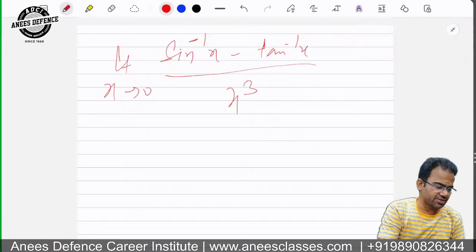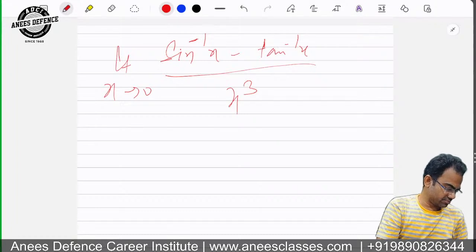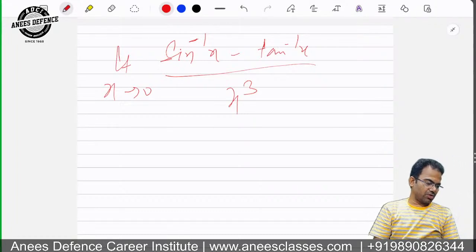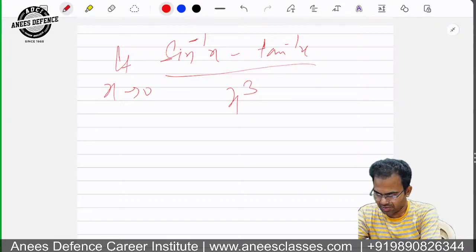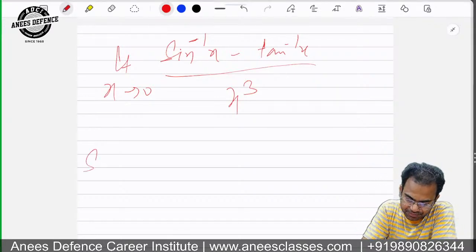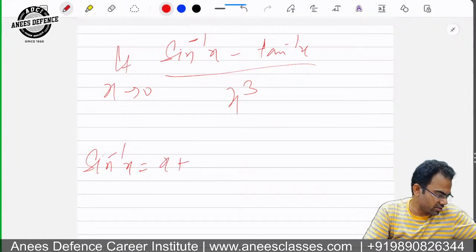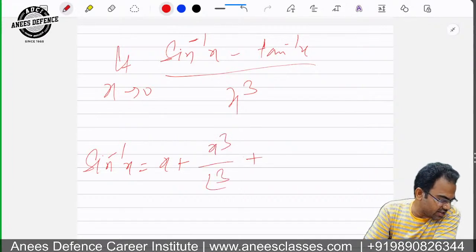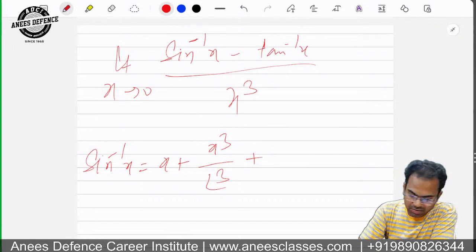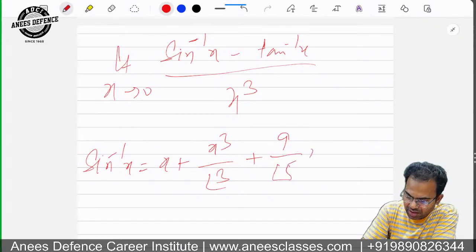What is the series of sine inverse x? Okay, I will write it for you. Sine inverse x is x plus x cube upon factorial 3 plus 9 upon factorial 5 x to the 5.